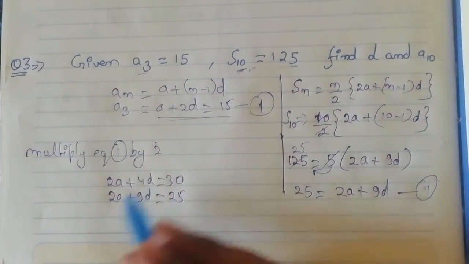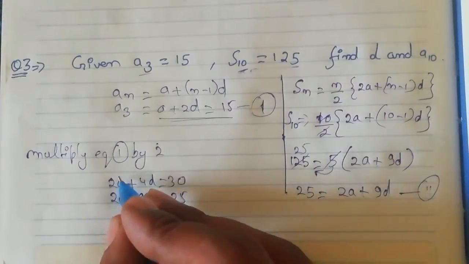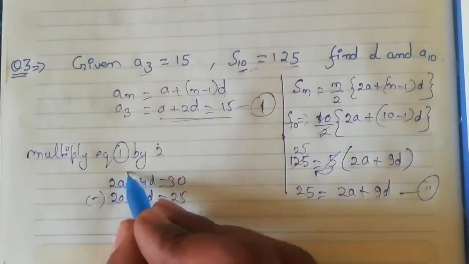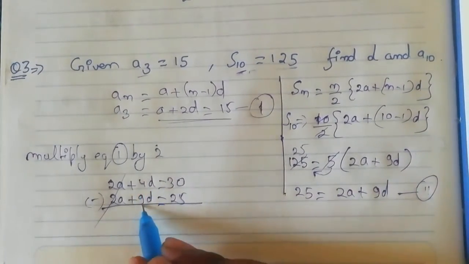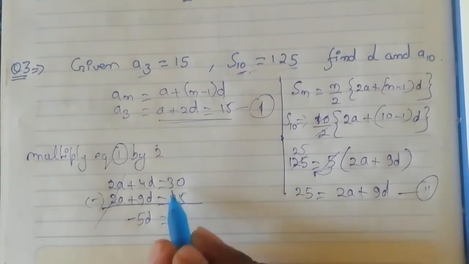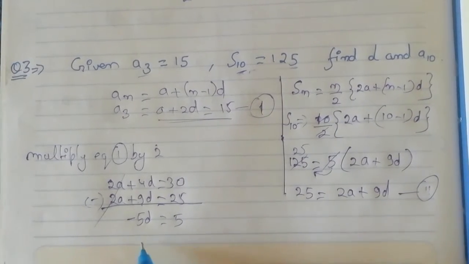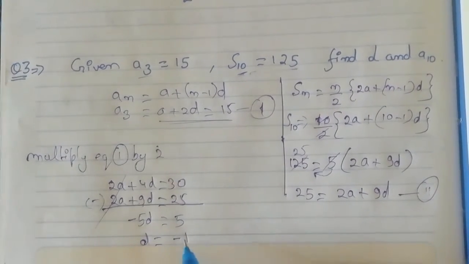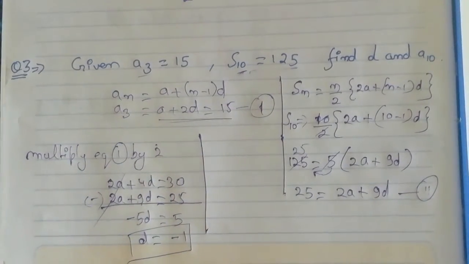From here we can easily calculate the value by the elimination method. If we subtract them, 2a and 2a get cancelled out. From here 4d minus 9d, so we have minus 5d is equal to 30 minus 25 is equal to 5. So from here d is equal to minus 1. So here we have the common difference as minus 1.